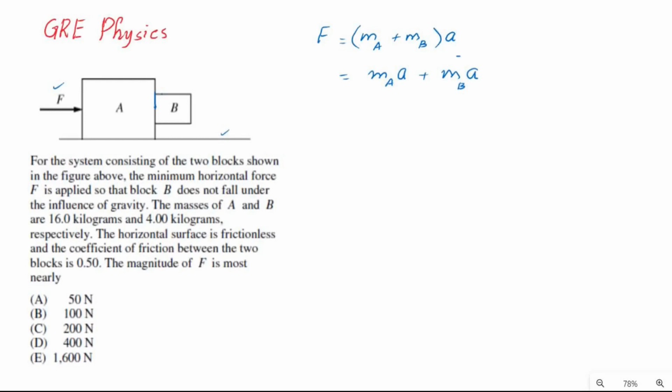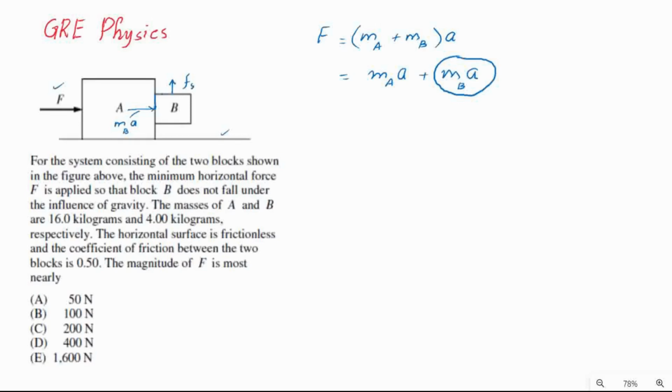Now this part of the applied force F, that is mb times A, is the minimal force on block B. Call this mb times A, and this force can be considered as the normal force on block B from the surface between block A and block B, and this provides the necessary frictional force upward on block B. Call this Fs, which keeps block B from falling.